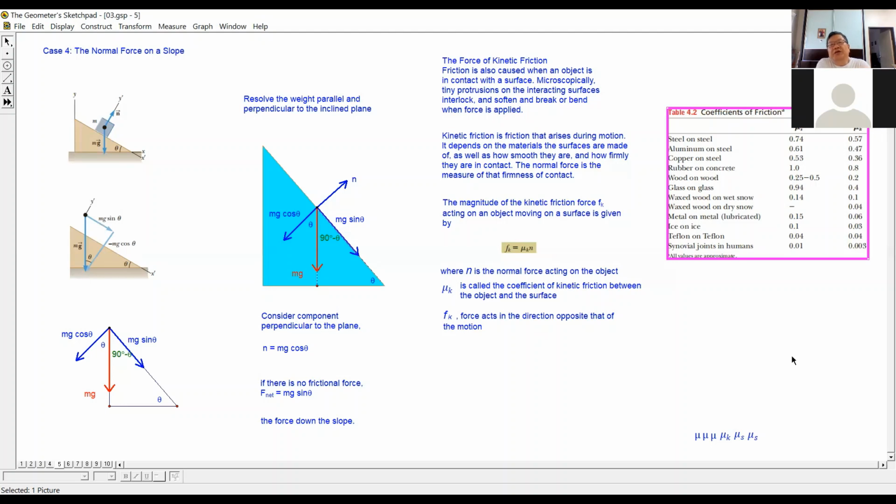So our joints, between the two bones, the friction is the least in this world, 0.003. So it is very difficult for our joints to wear out, right? So we want the least frictional force, right? So it is the joints between the human joints.